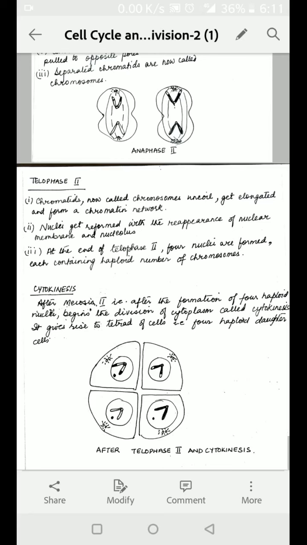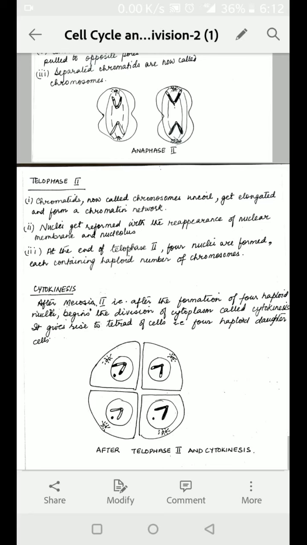The chromatids form a chromatin network, they uncoil, and the nuclei are reformed because the nuclear membrane and nucleolus reappear. At the end of telophase 2, 4 daughter nuclei are formed, and each of these daughter nuclei contains the haploid number of chromosomes.